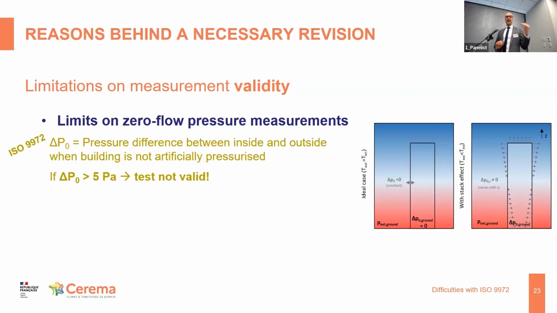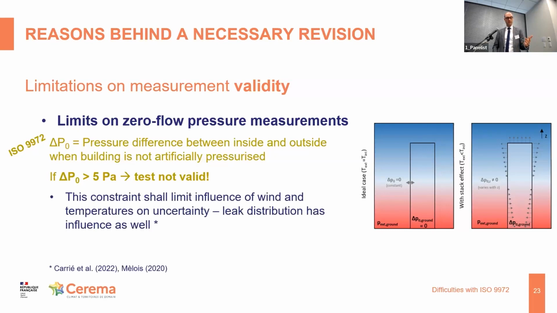However, ISO 9972 has a strict limit that the test is not valid if this zero flow pressure measurement is larger than 5 Pascal. And we saw in the previous presentation that this limit can easily be exceeded for large buildings. This constraint should limit the influence of wind and temperature on the uncertainty, but there are other things influencing this as well, like the leak distribution in the building.